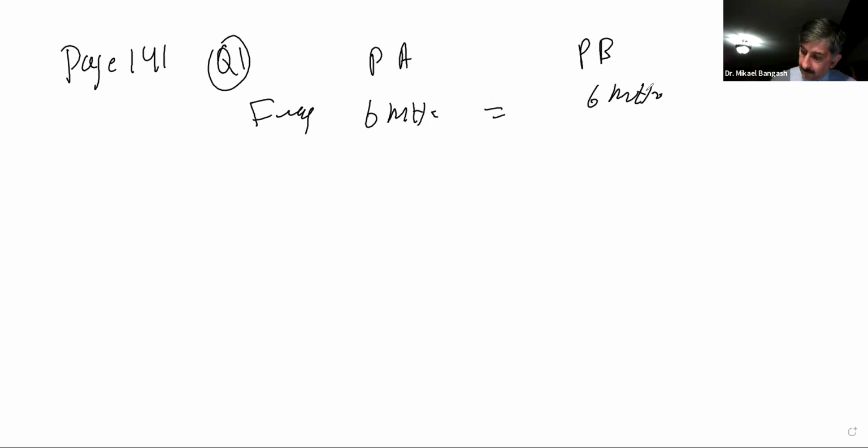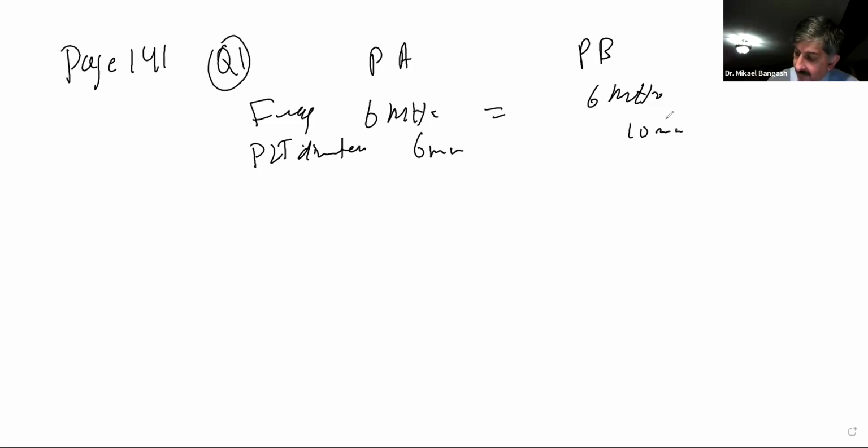Or we can say they are identical except for the diameters of the active elements, which are respectively 6 millimeters and 10 millimeters.